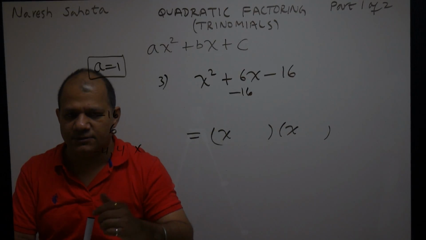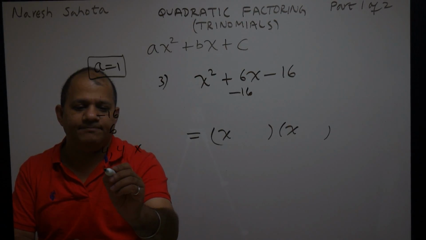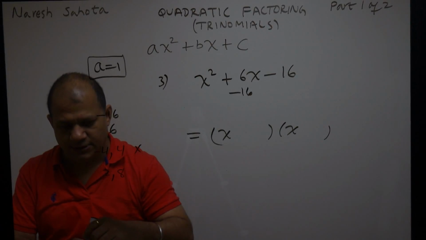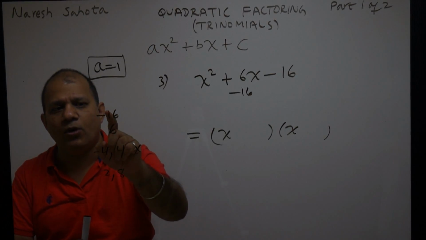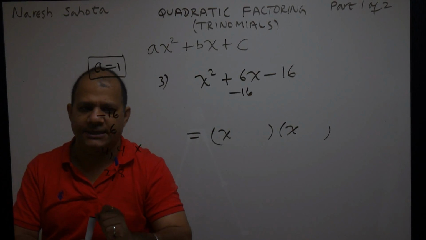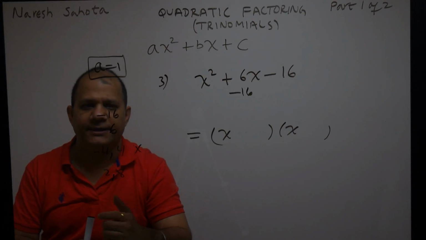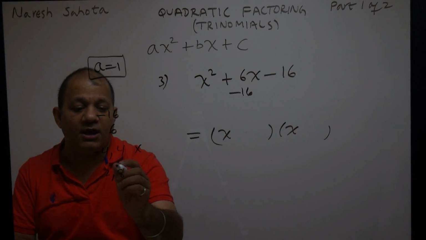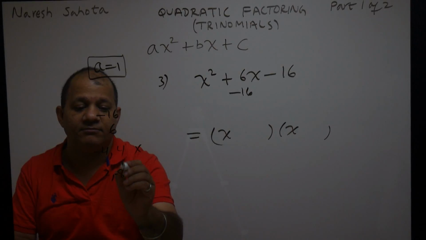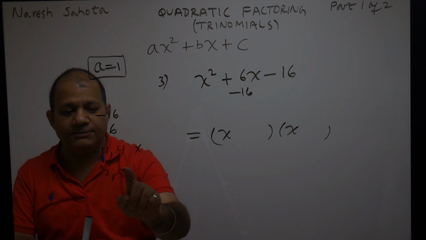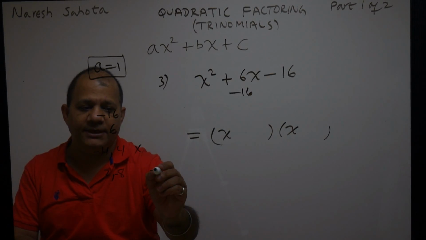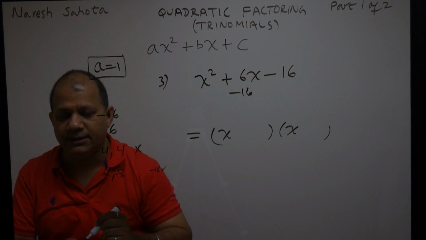So what are other factors of 16? 2 times 8. 2 times 8 is 16, but I want negative 16. So I have to make one of them negative. Let's try making the 8 negative. So 2 times negative 8 will give me negative 16. That checks.